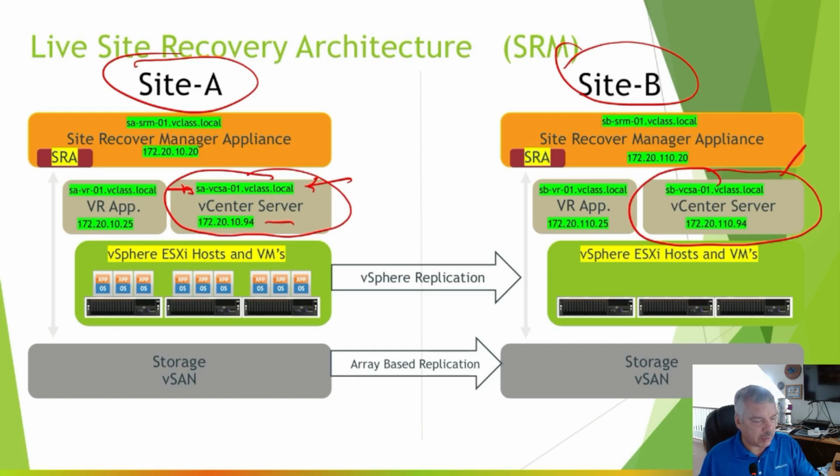On my Site B, I called that one SB, Site B vCenter server appliance VCSA-01.vclass.local, and its IP is on the 172.20.110 network. So everything on the left side is 110. This will be 10. So I've got no VMs running over here on Site B.